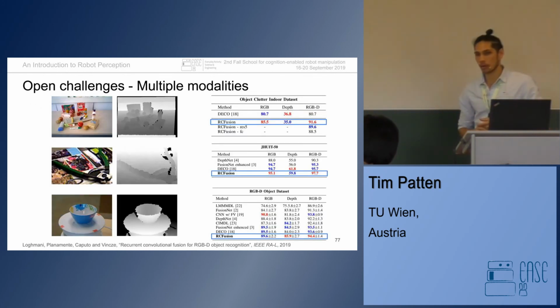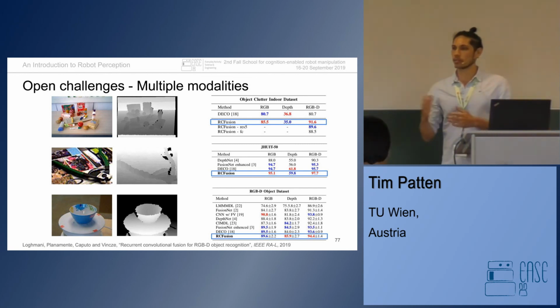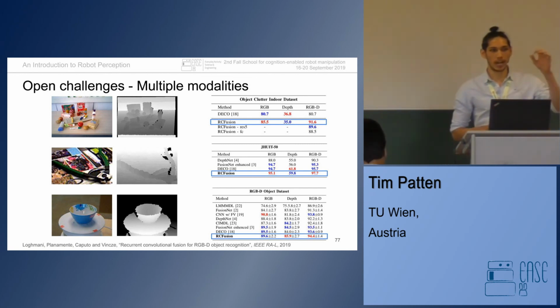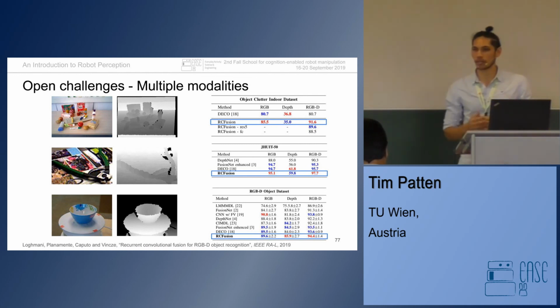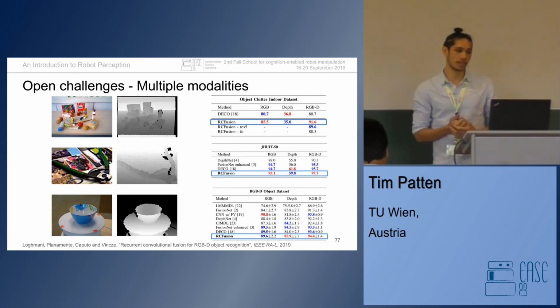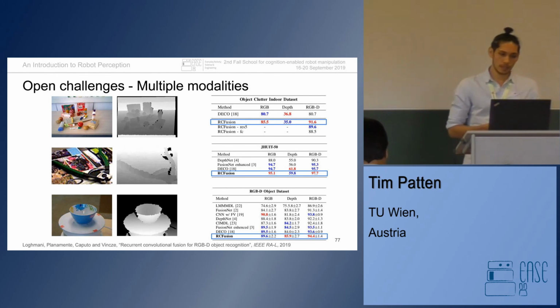A second point is how we deal with multiple modalities. I looked at methods that use RGB or depth. I didn't really go into methods that look at RGB and depth at the same time, because it's not really a solved problem yet. We've done some work to try to boost the performance from multiple modalities, but really it's not there yet.